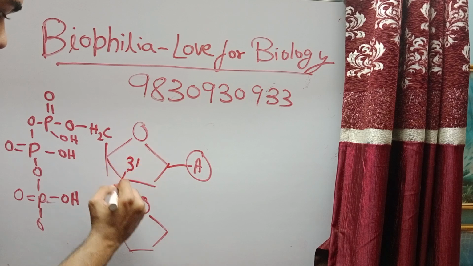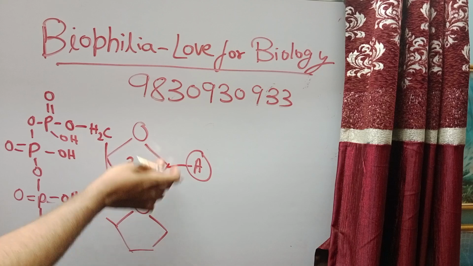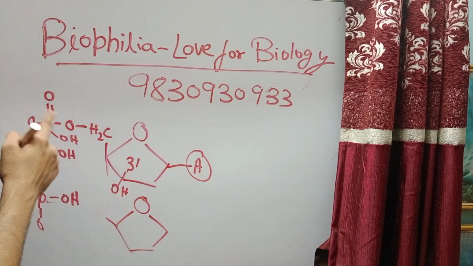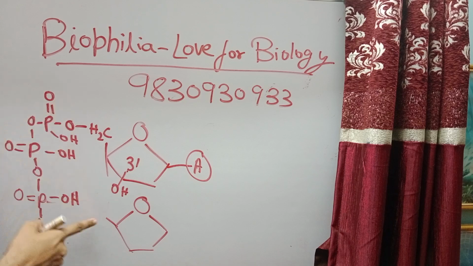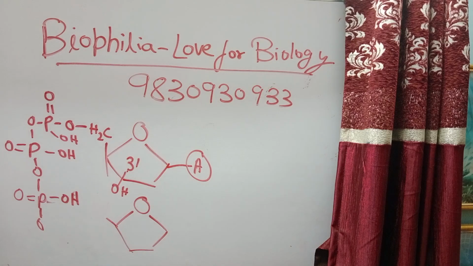The 3' OH of the first nucleotide molecule reacts with the oxygen of the second molecule and forms a phosphodiester bond. This bond looks like this.